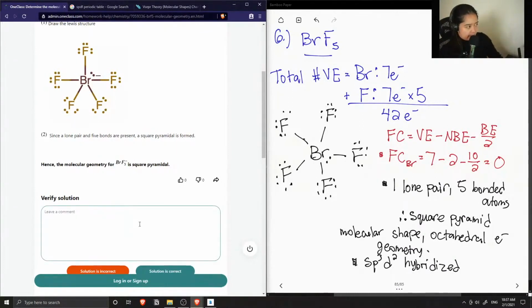So I'm not sure if that's what the question meant, but I'm just going to say that the Lewis structure and molecular shape is correct if there was not a negative charge in the compound.